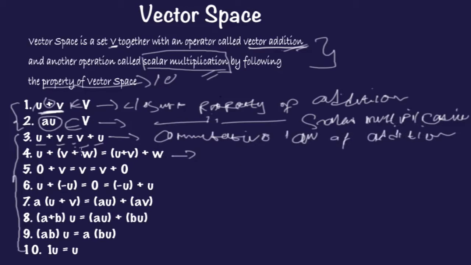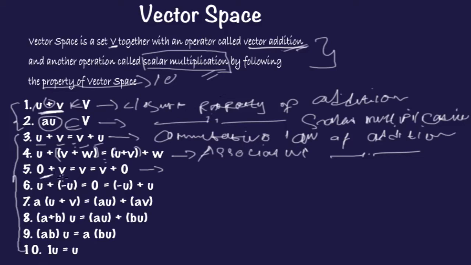And the fourth, we have u plus v plus w, where the bracket is in the second term in one side and in the first term in the other, and they have to be equal. We call it the associative law of addition. And then we have the zero vector as the identity element in addition.